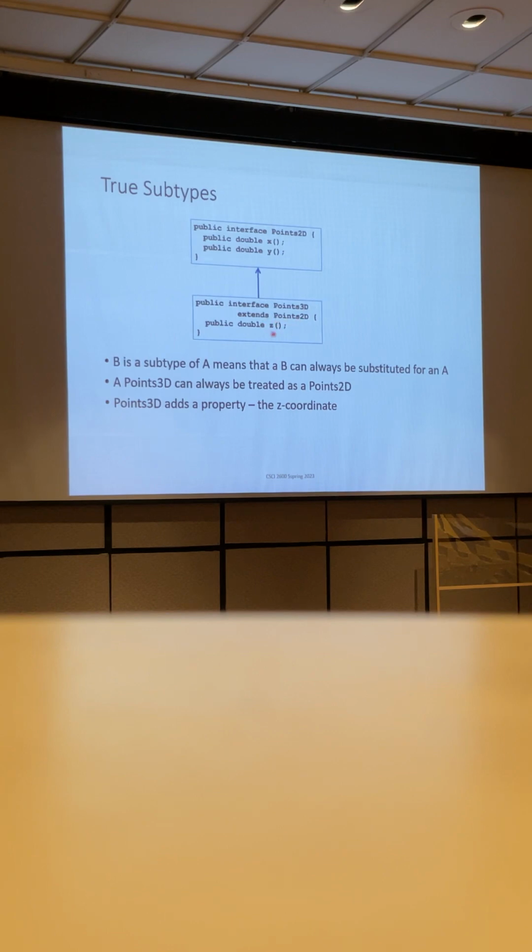So B is a subtype of A, meaning that B can always be substituted for an A. With this example, Point3D can always be treated as a Point2D, because Point3D is essentially a Point2D with just an added Z coordinate. So yes, in this case, Point3D is a true subtype of Point2D.